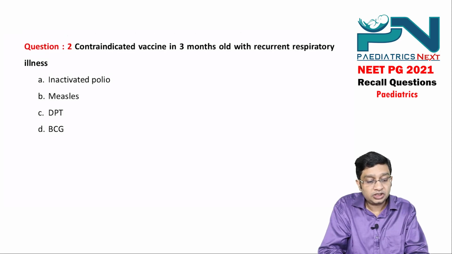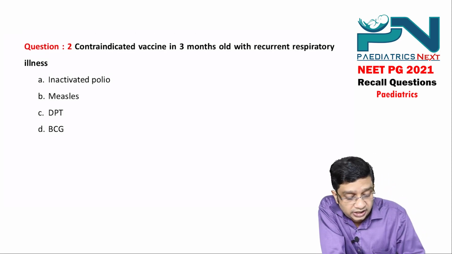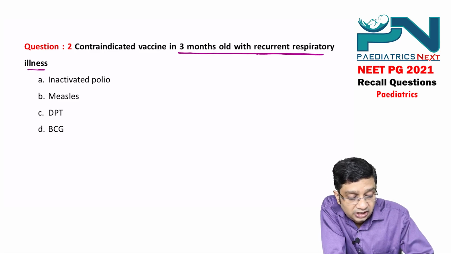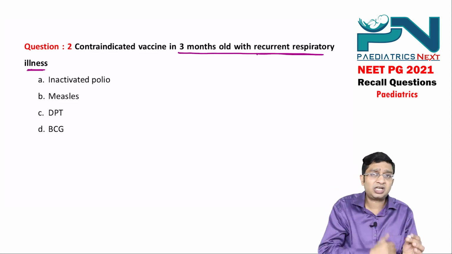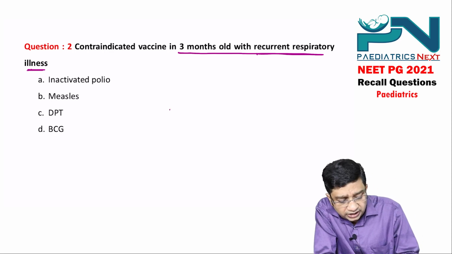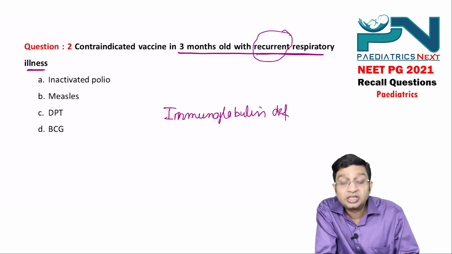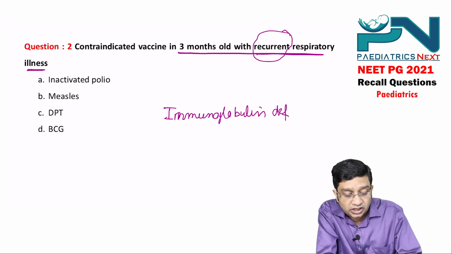Moving on to question number 2: contraindicated vaccine in a 3 months old with recurrent respiratory illness. Now, if there is recurrent respiratory illness, most likely this indicates immunoglobulin deficiency, because the word here is recurrent.